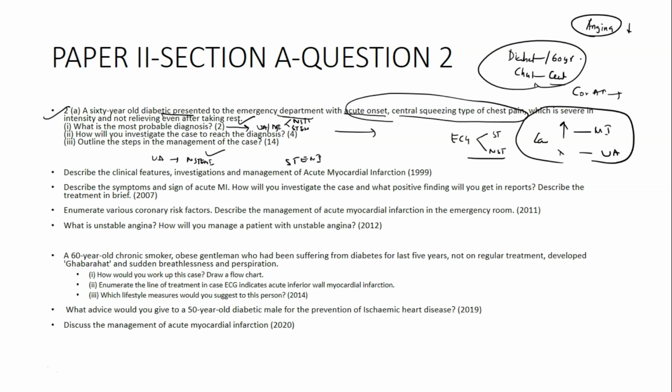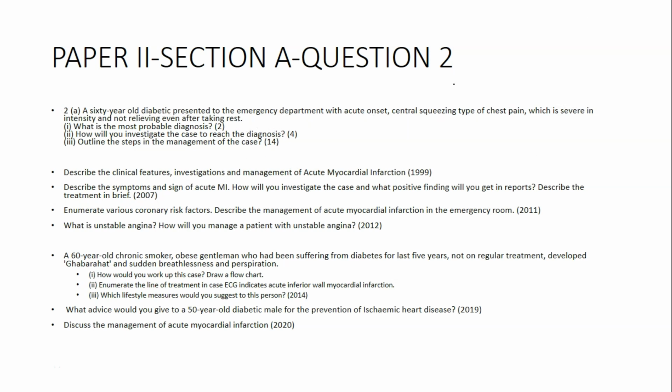There are a lot of confusions about how to go ahead. I'm giving you so many options of unstable angina, STEMI and non-STEMI, but if I am working in a clinical setup and a diabetic patient presents with this kind of symptoms, 99% of the time it is STEMI only. We might end up doing PCI stenting, for which the patient is referred. So I'm very happy if you just present it as MI, and if nothing is given, go for STEMI. I told you already in the test series video discussion and also in our classes.